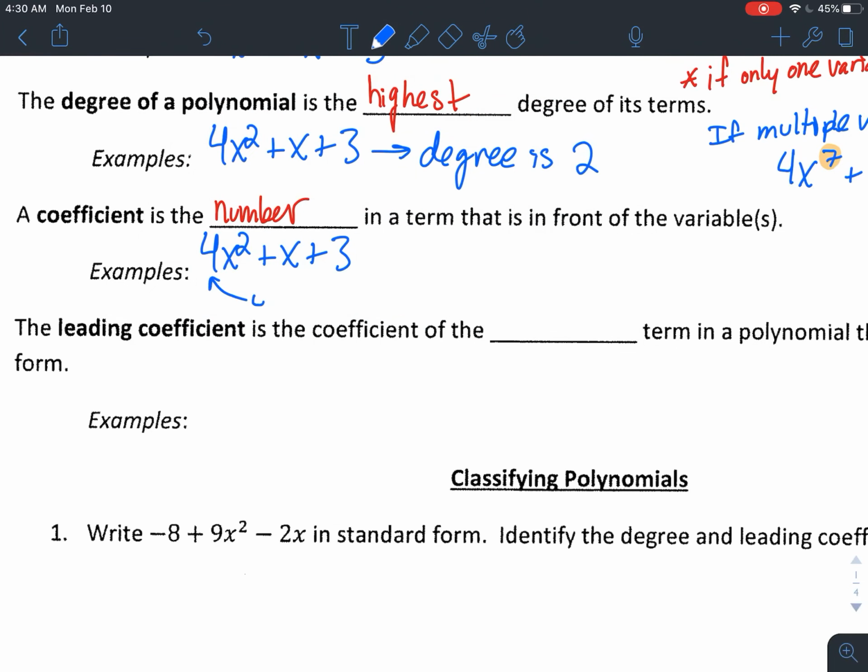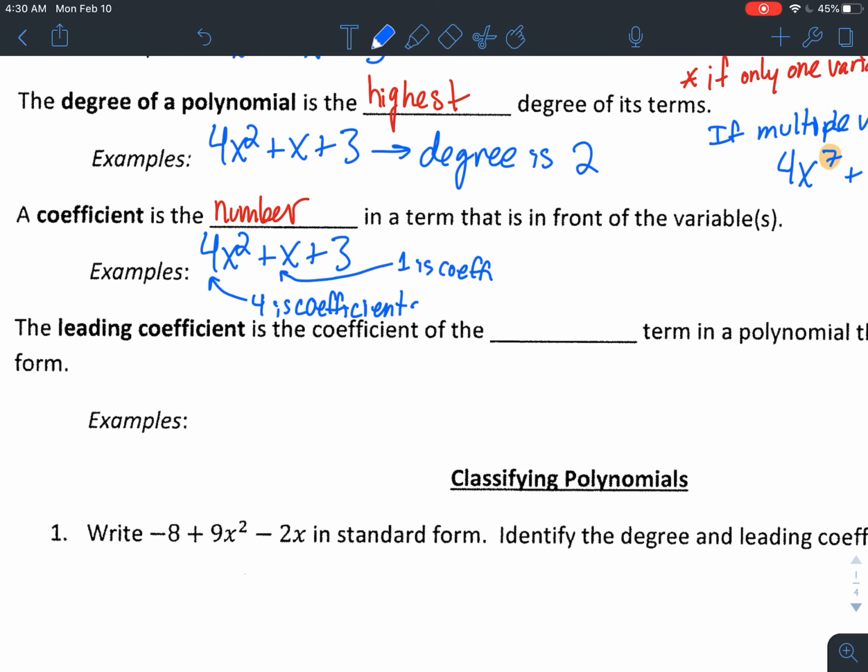Here, 4 is the coefficient for x squared. And actually we do also have 1 is a coefficient for x. Hopefully we remember that if we don't see anything out in front of my variable term, it's just a 1.